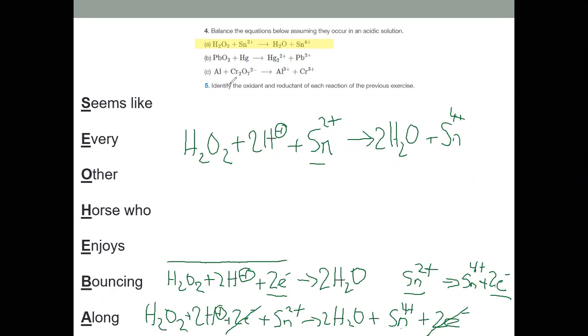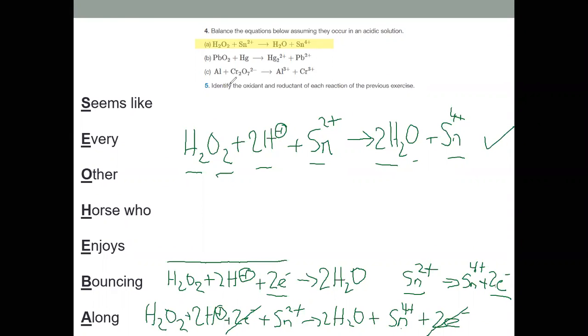Again, our Sn's balance, our oxygens 2 and 2, protons 4, 2 plus 2 is 4, 2 times 2 is 4. This is a balanced redox reaction.